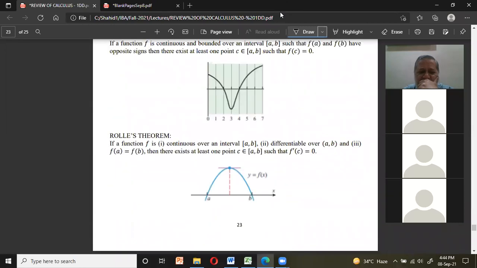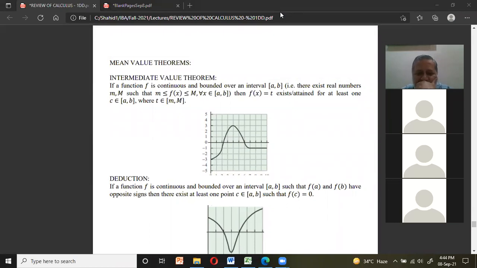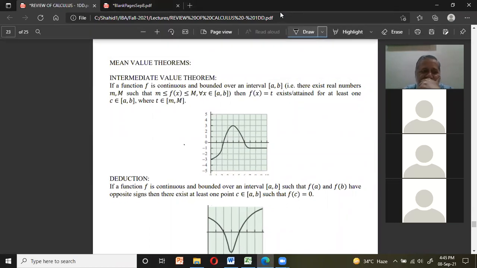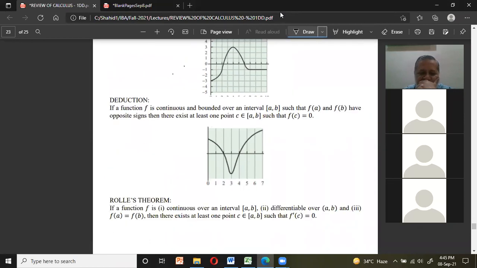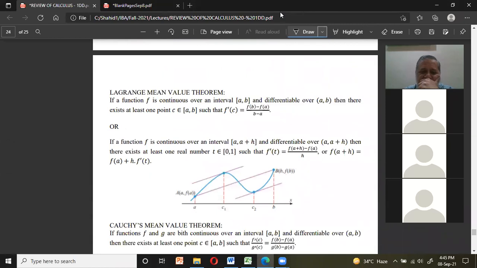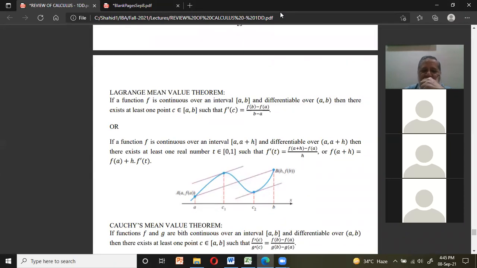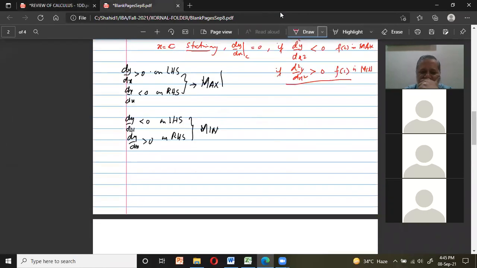But more than the intermediate mean value theorem, the important thing is the Lagrange mean value theorem. This Lagrange mean value theorem is an important theorem. Let me briefly describe Lagrange mean value theorem.